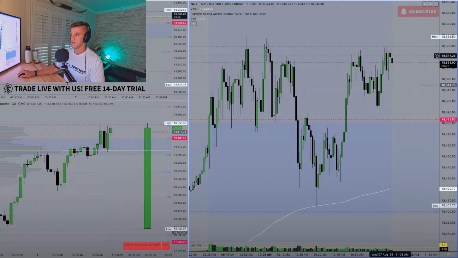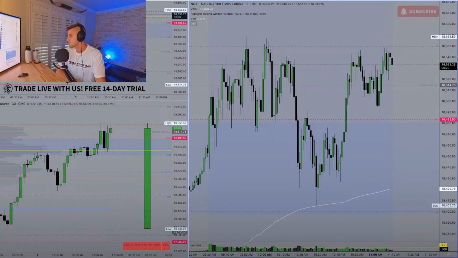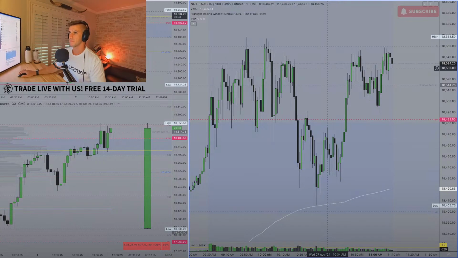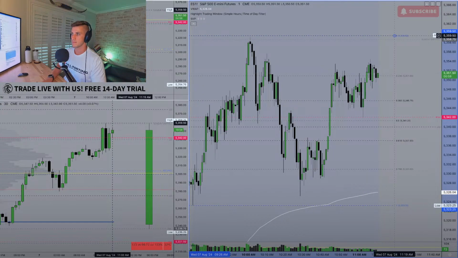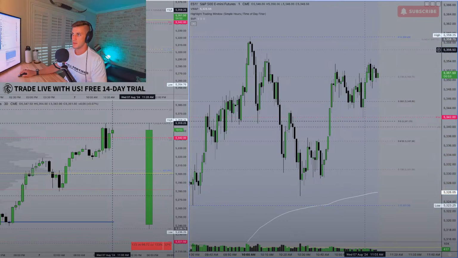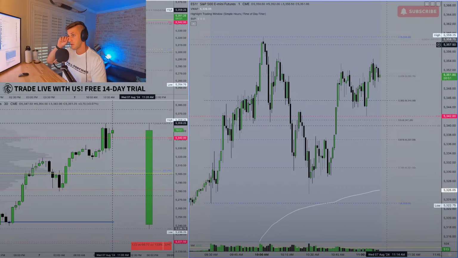Getting tight here near the 550s. ES kind of in no man's land now.